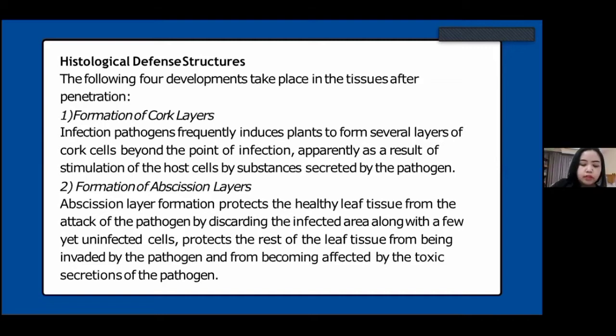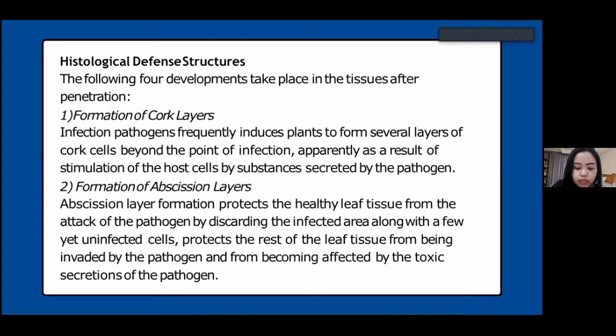Histological defense structures. The following four developments take place in the tissues after penetration. First, formation of cork layers. Infecting pathogens frequently induce plants to form several layers of cork cells beyond the point of infection, apparently as a result of stimulation of the host cells by substances secreted by the pathogen. Second, formation of abscission layers.